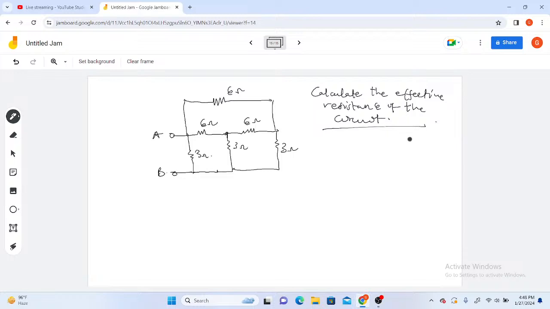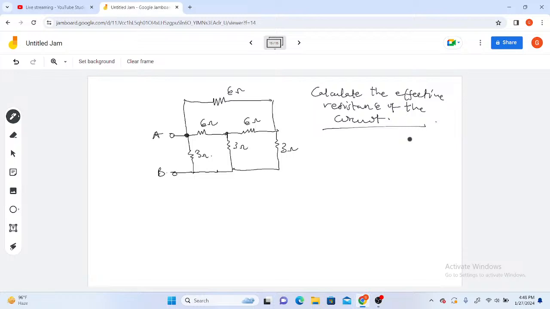And you shouldn't be scared by the arrangements. What you do is take two resistors at a time and work away from these terminals. Moving up, you can see that I have 6 ohm and this, which I can clearly tackle. But the question is, are they in series or parallel? You can see that between these two resistors, there is a node here.